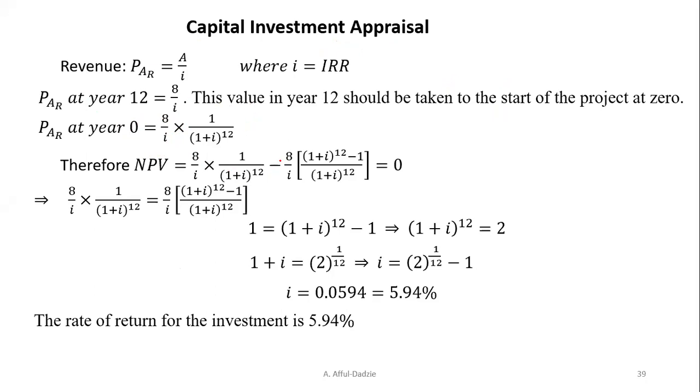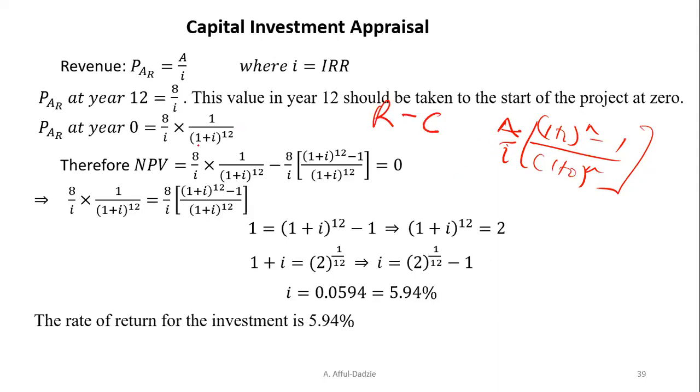So this is quite understandable. Then, for the cost elements, because it's a uniform flow, we have A over I times ((1 plus I) to the power n minus 1) all over (1 plus I) to the power n. So it's like you're doing revenue minus cost. This whole expression expresses the revenue aspect, and this whole expression expresses the cost aspect.